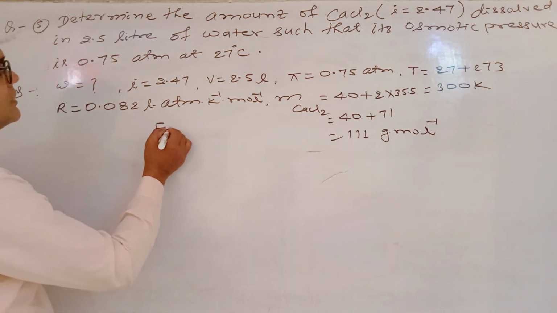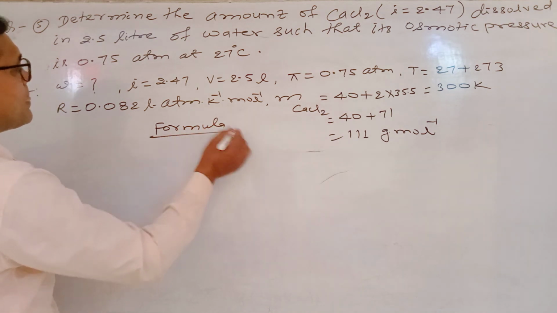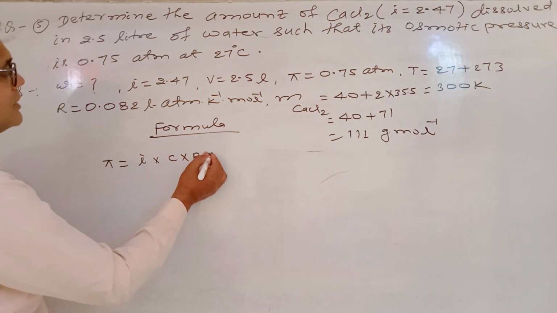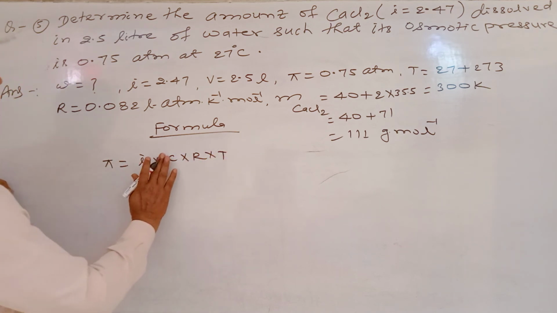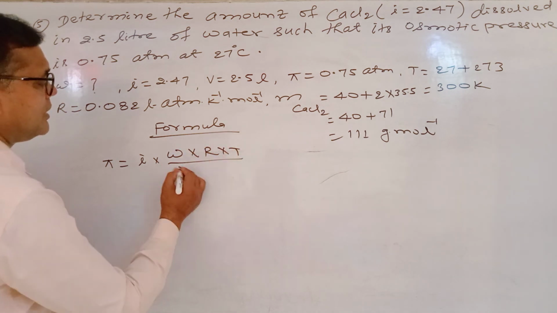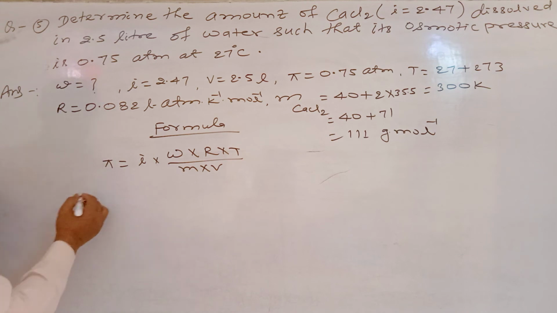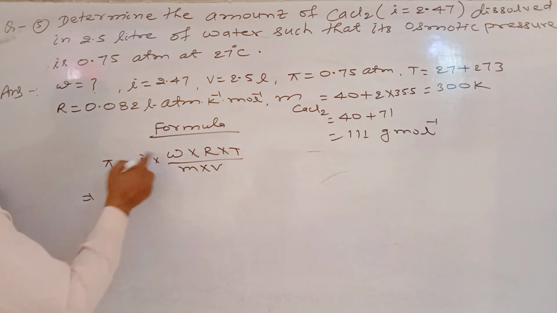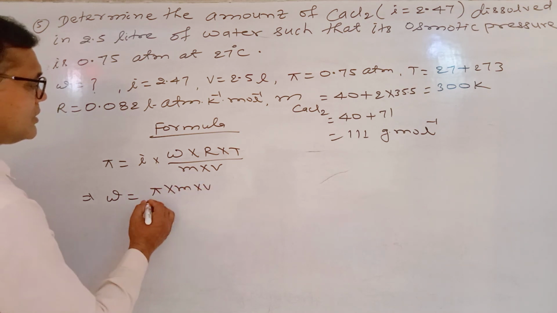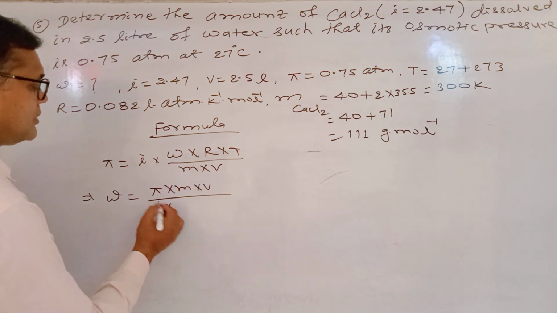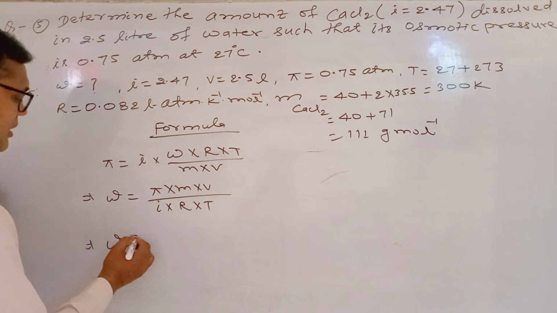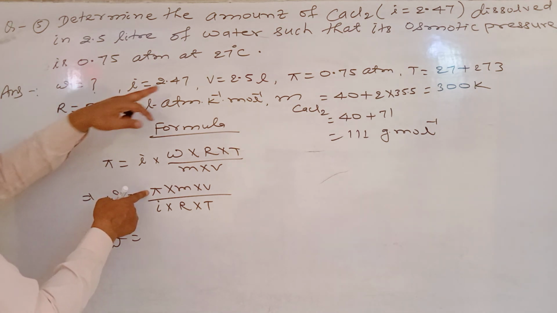Formula is pi is equal to i into C into R into T. But here we write w into R into T upon MV. We calculate the value of w, so we write w is equal to pi into M into V upon i into R into T.